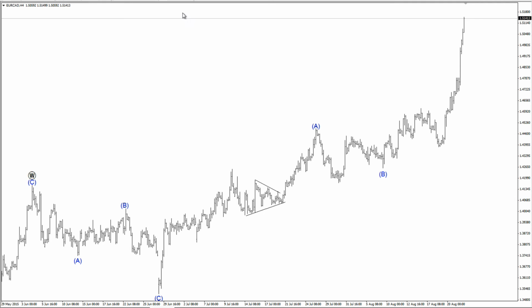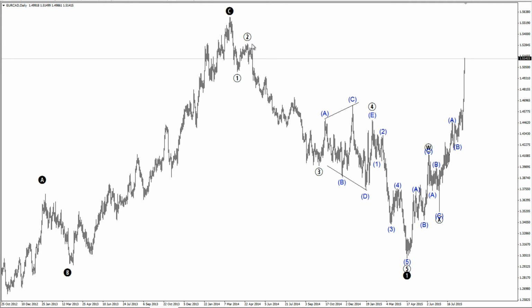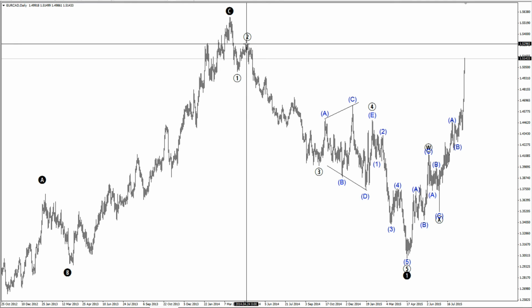Let's see actually. So the next resistance level is the previous minor wave 2 at 153 even, and this dates back almost 1.5 years.